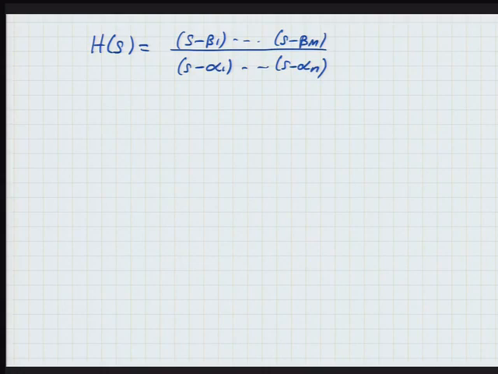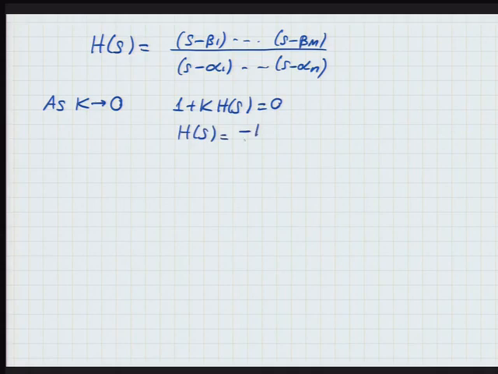So as k goes to 0, what are the roots of 1 plus k h of s equal to 0? Note that this simply means h of s is negative 1 over k, right? So if k is going to 0, where is negative 1 over k going? Infinity, right? So then we're looking for points s for which h of s really is blowing up. And those are the poles.